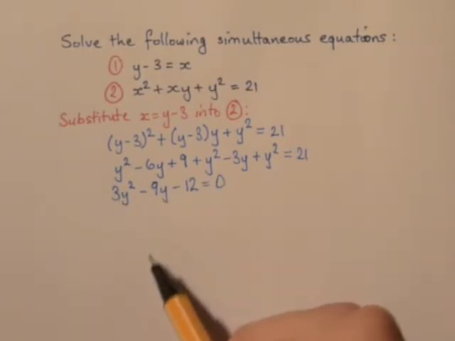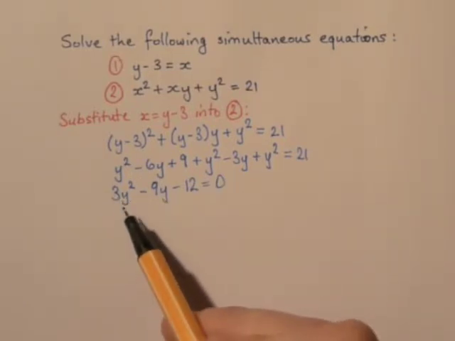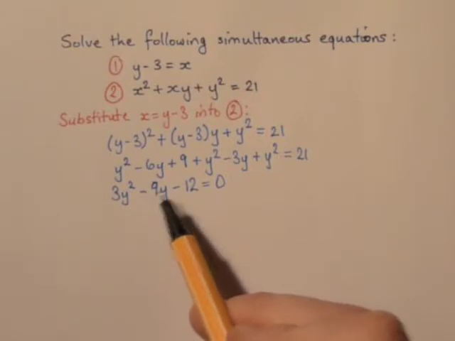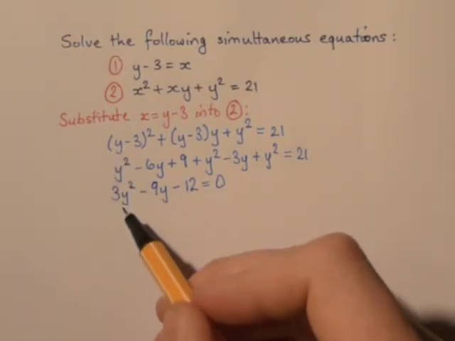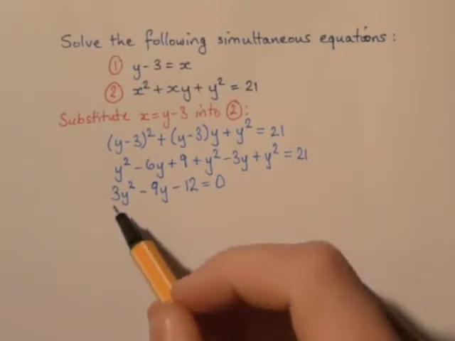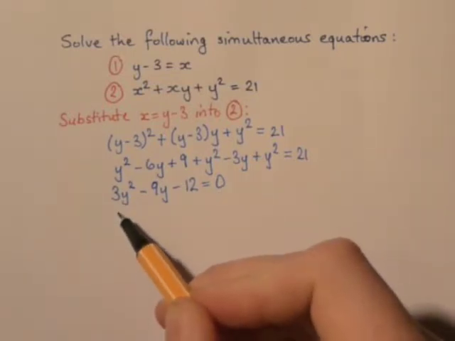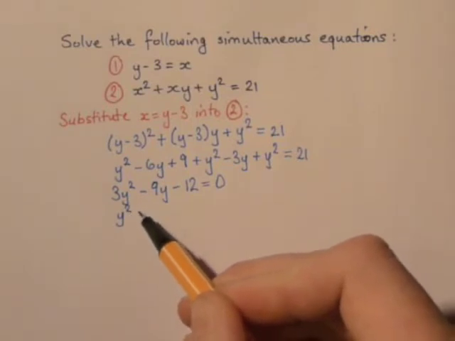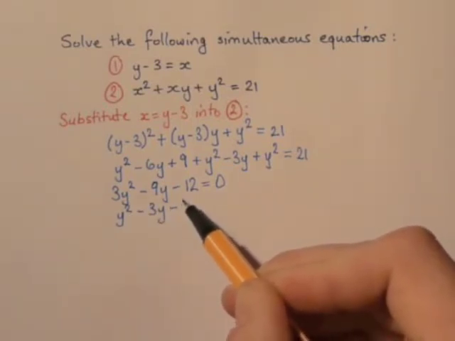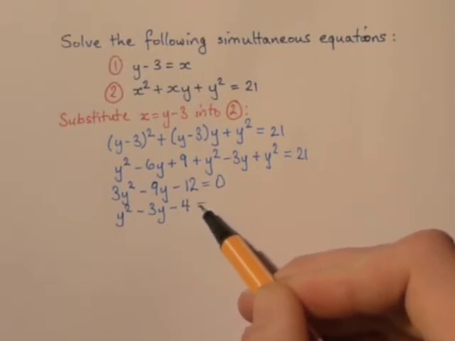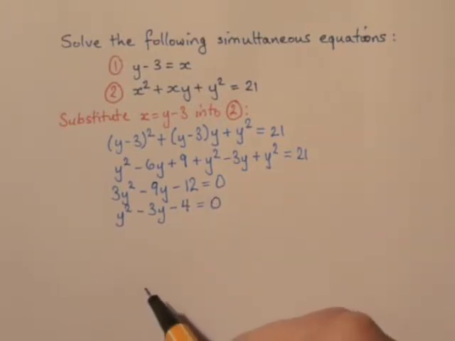Before trying to factorise this, something that's going to help us out is to notice that there's a common factor of 3 in every term. Because it's equal to 0, if I divide by 3, 0 divided by 3 is still 0. So I can say that y squared minus 3y minus 4 is equal to 0.